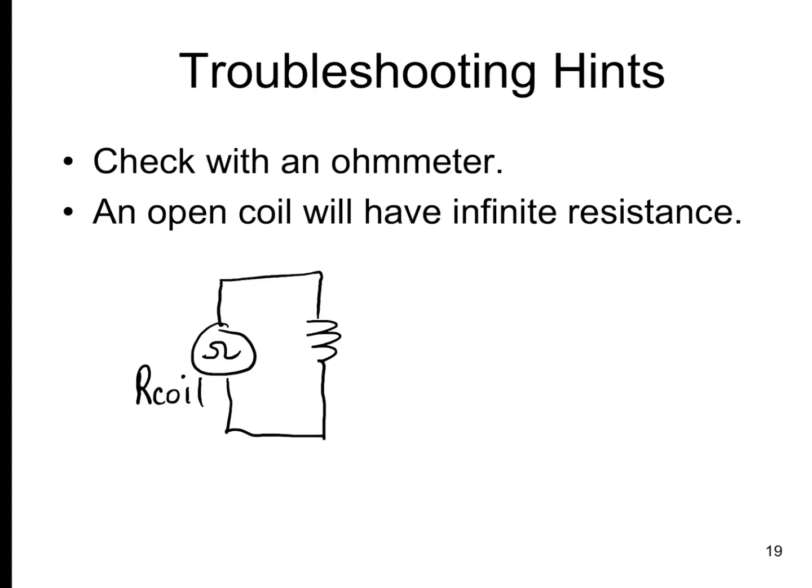And that would have obviously infinite resistance. So you would just connect an ohm meter, making sure, of course, the inductor has been removed from any power source, like we know we need to do when we measure resistance, and then just use an ohm meter to measure the resistance of the coil and determine a value, which is typically going to be a very, very low value.